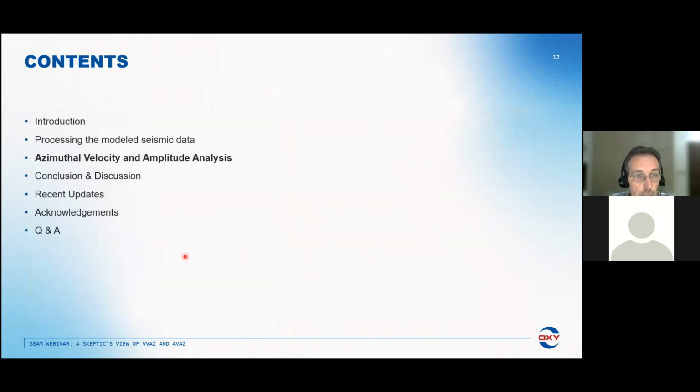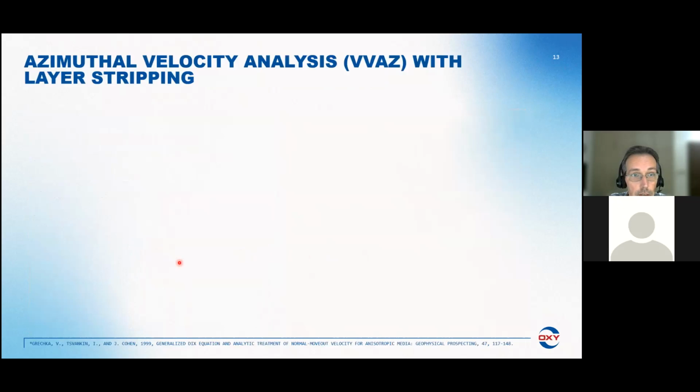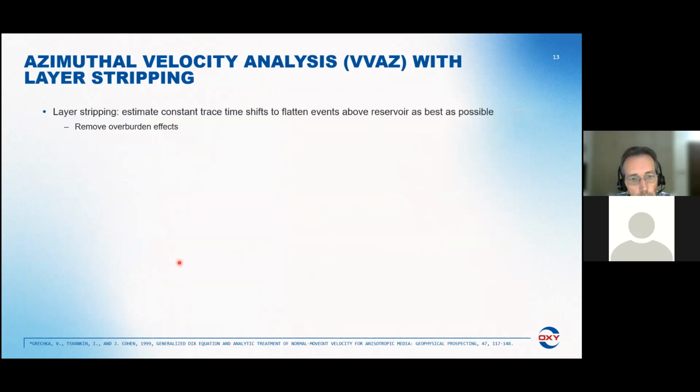Now let's get to the azimuthal velocity and amplitude analysis after having processed this data. So first I'll go into the velocity and then the amplitudes. We have performed many tests, but finally we use the concept of layer stripping, meaning we want to address the fact that we assume that in the zone above our reservoir, there is no azimuthal anisotropy, or we think it should not be there.